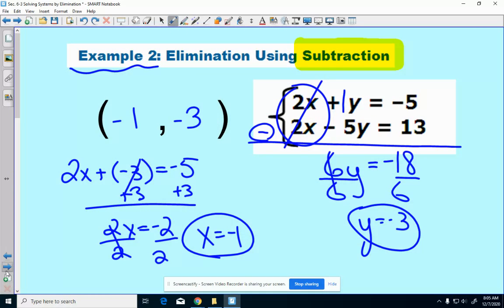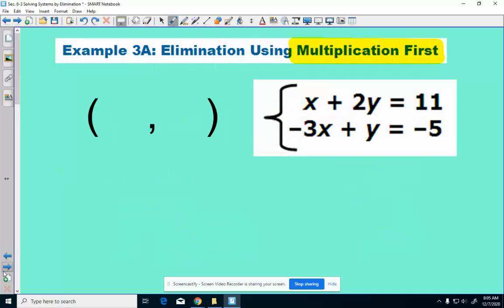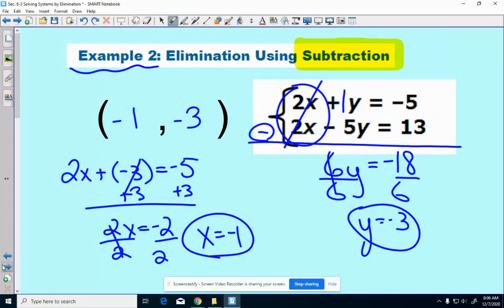All right, so we are going to put a stop here, and we're going to practice this idea. Moving forward, you can see here that in this example, nothing is ready to cancel out. That's why we're going to have to multiply something first, and we'll get into that idea more tomorrow. But today, I want you to practice two things. When I see things that are exactly the same, using subtraction to cancel them out.